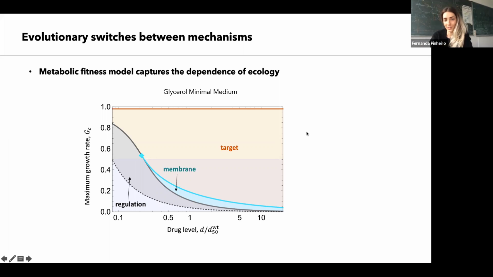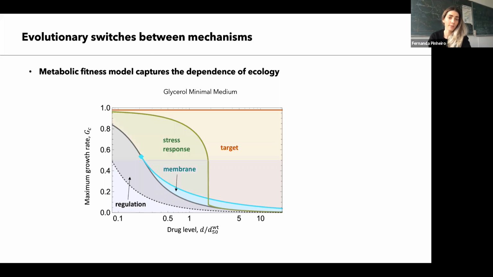So when we do selection experiments under these conditions, so low growth, poor medium, we see that there is another mechanism based on mutations on the stress response system that appears for selection at low drug concentrations.